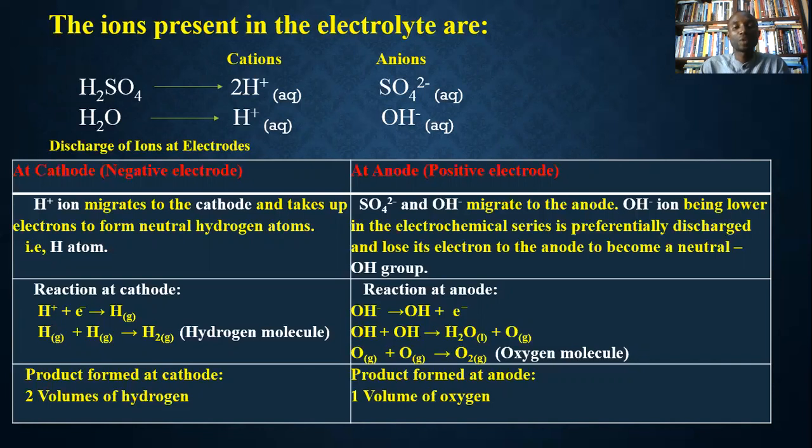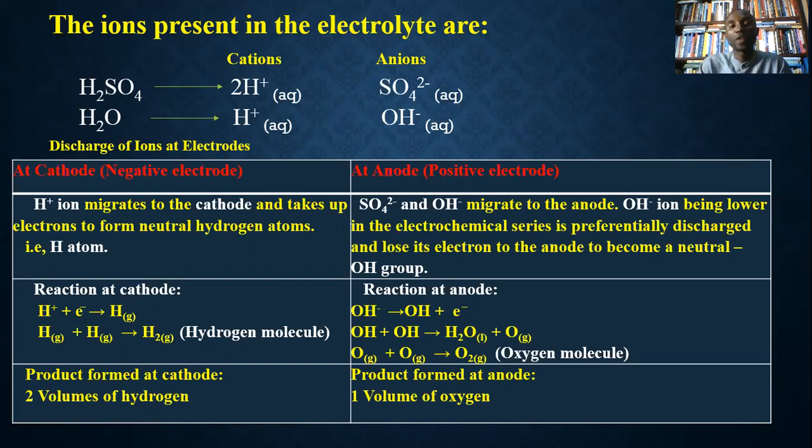So in the electrochemical series, OH- is lower than SO4 2-. Being lower, it will be preferentially discharged and it will lose an electron to the anode and become a neutral OH group.